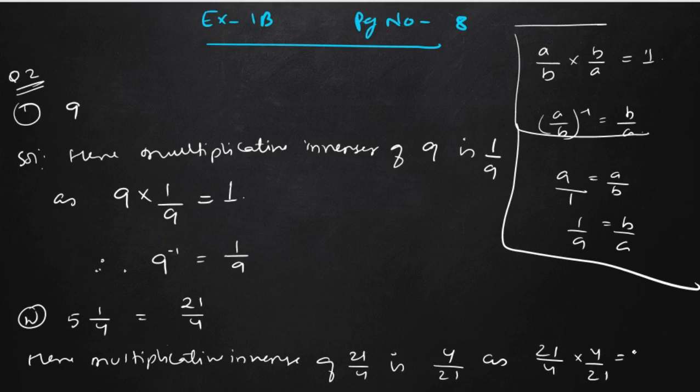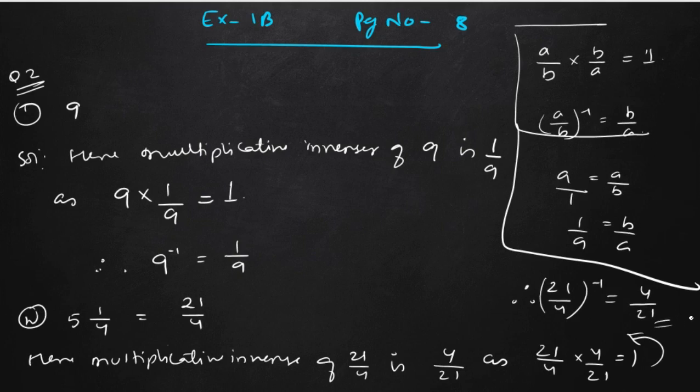Why? As 21 by 4 into 4 by 21, this will be cancelled out and we will get 1. So we can write that the inverse of 21 by 4 is 4 by 21. Do the rest of the questions.